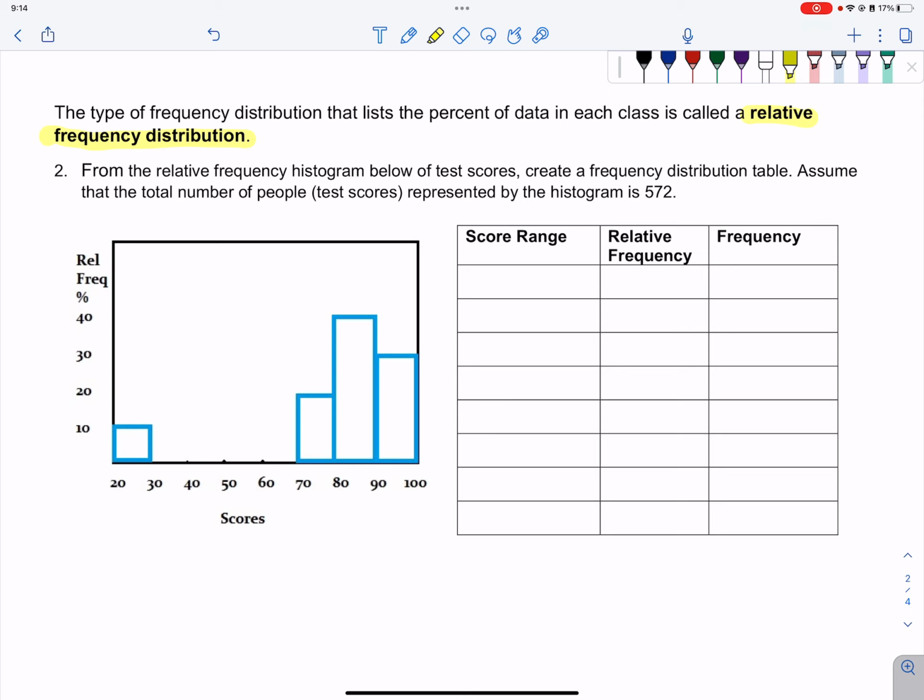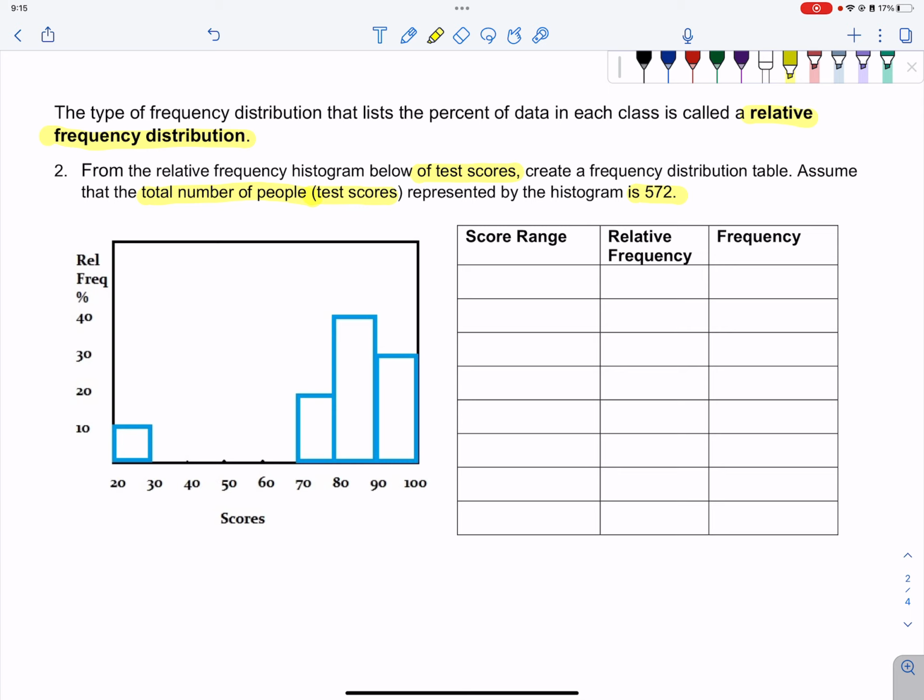So in this problem, we have been given a relative frequency histogram below of our test scores. And with this, we are going to assume that the number of people that took this test is 572. So 572 people took some exam, and their test scores were then used to create this relative frequency histogram.